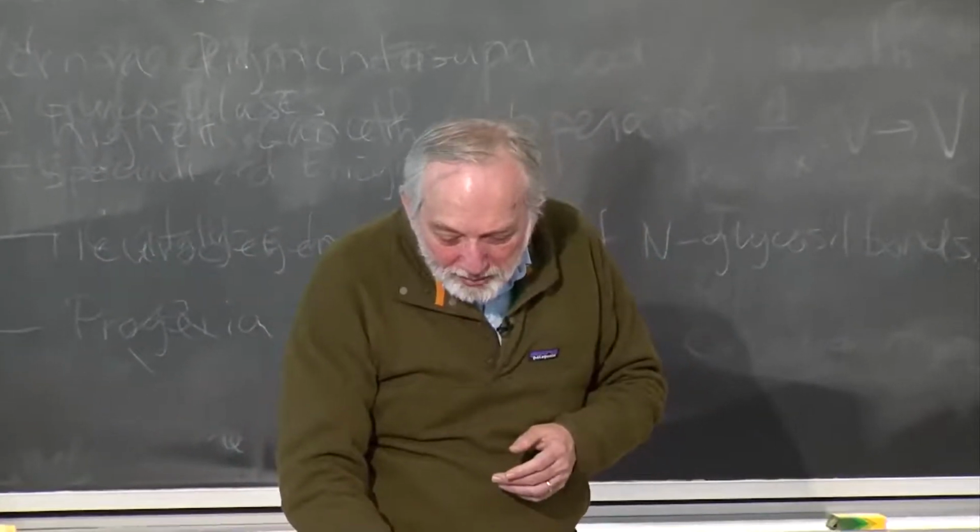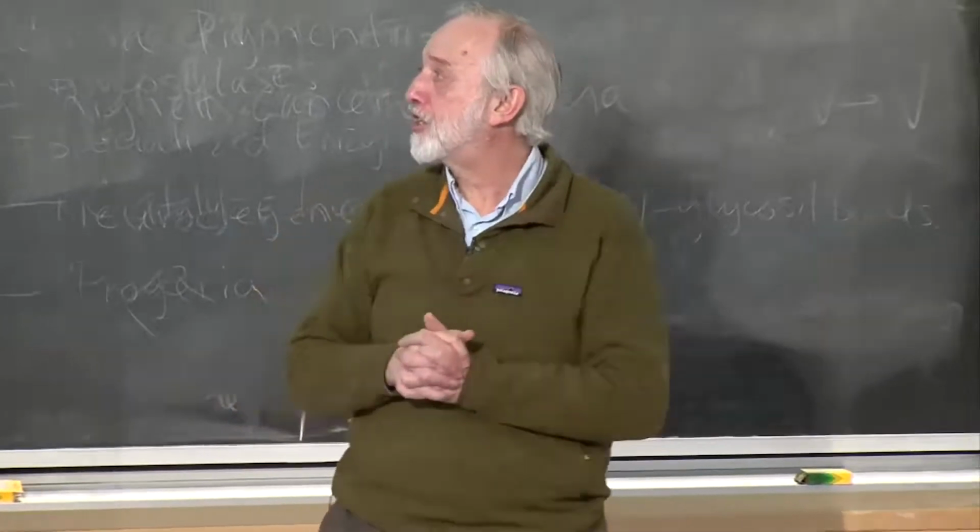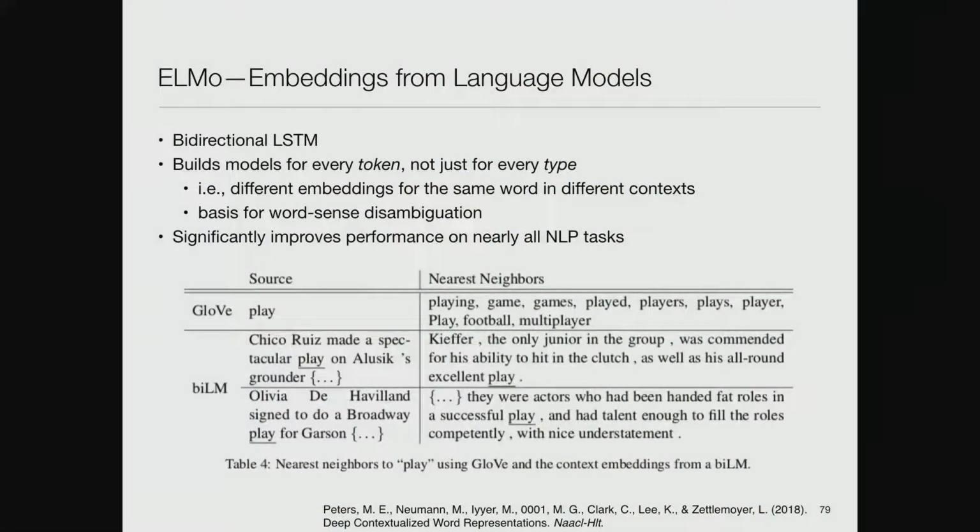Well, along the same lines is this encoding called Elmo. People seem to like Sesame Street characters. So Elmo is based on a bidirectional LSTM, so it's an older technology. But what it does is, unlike Word2Vec, which built an embedding for each type, so every time the word junk appears, it gets the same embedding.